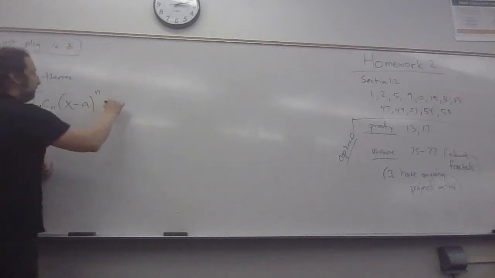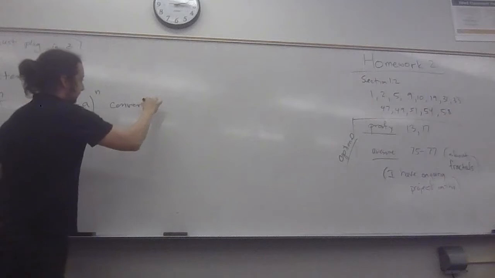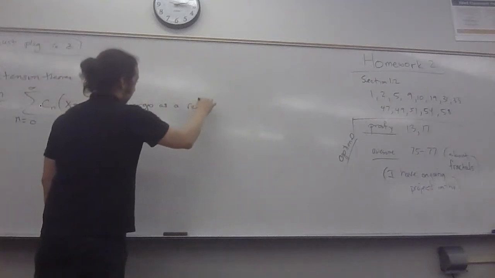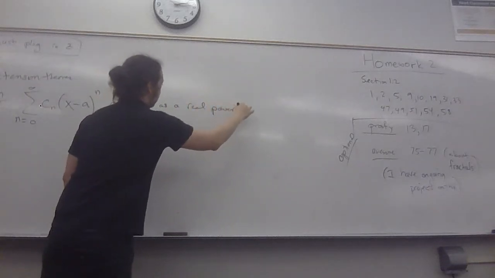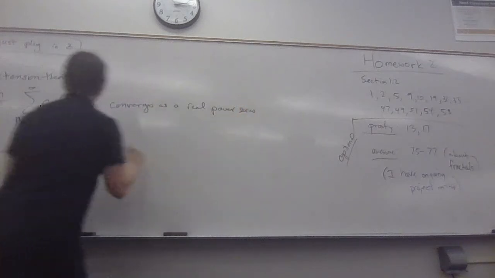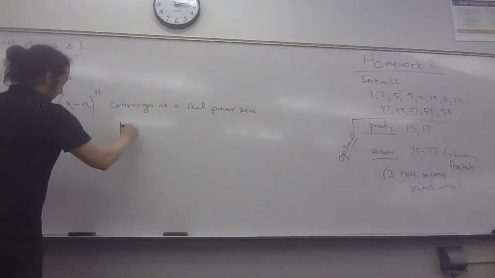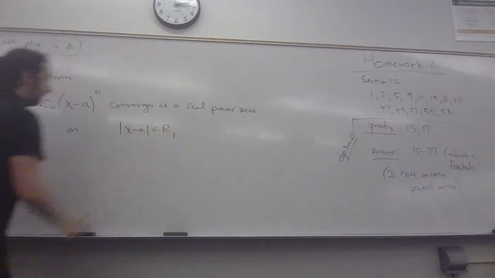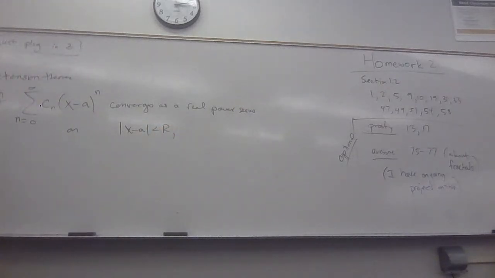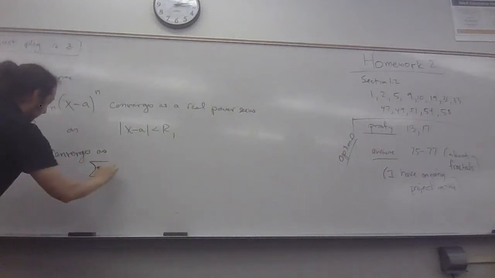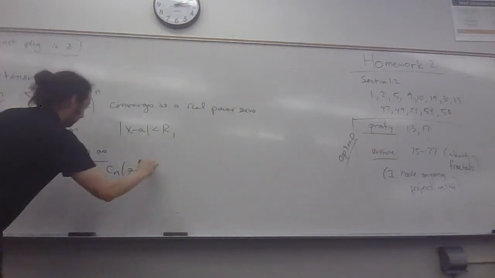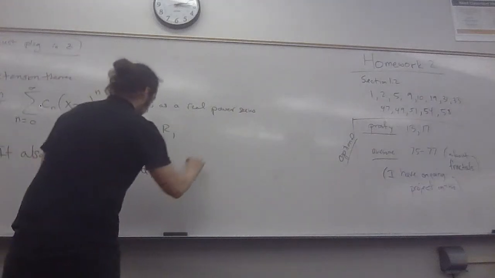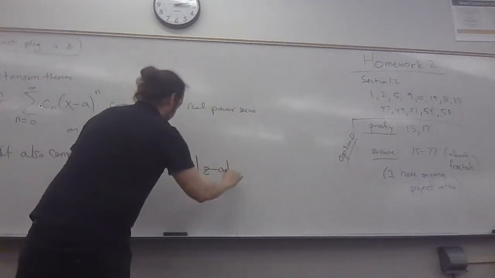If this converges as a real power series on the set |x minus a| less than r, it also converges as a complex power series with the same estimate. It also converges as the sum of Cn (z minus a) to the n on |z minus a| less than r, same set.